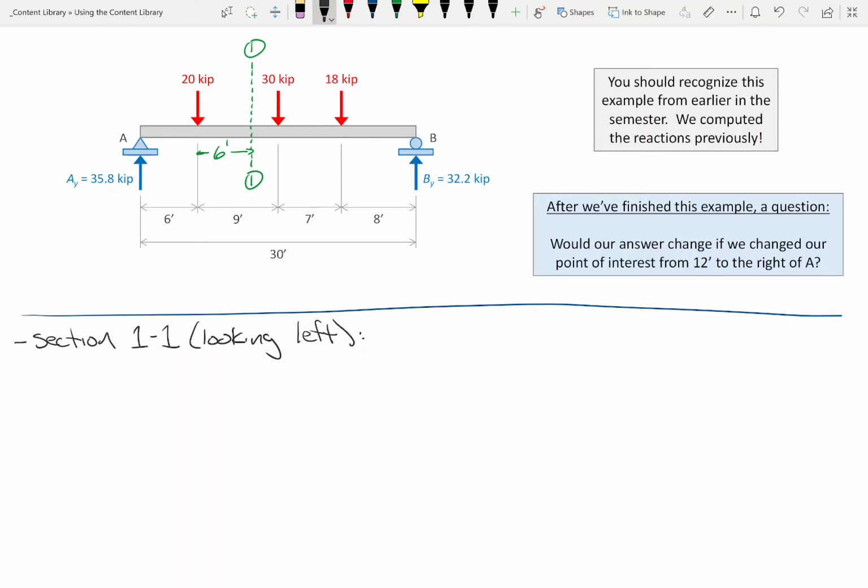So if we cut a section and look to the left, the idea is imagine covering up everything that's to the right. Imagine covering all this up, and this is the only thing that we're drawing. Okay, and I'm going to draw it like this.